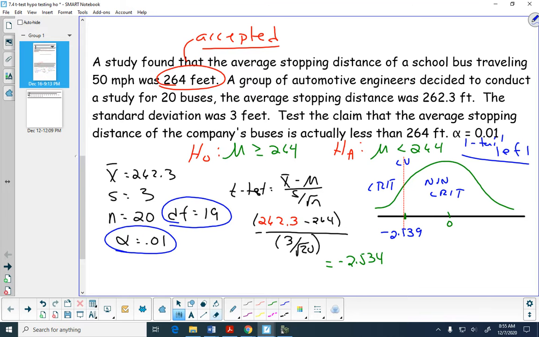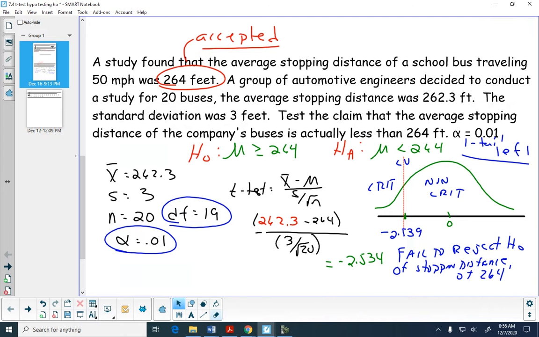So at this point, we fail to reject the null hypothesis of stopping distance of 264 feet. But we are so close.